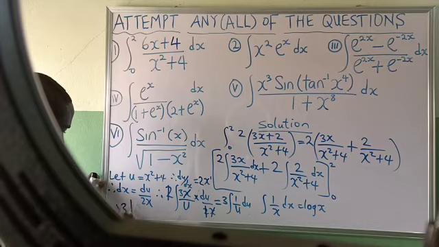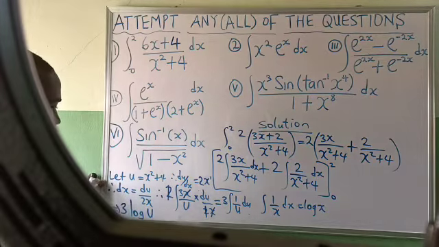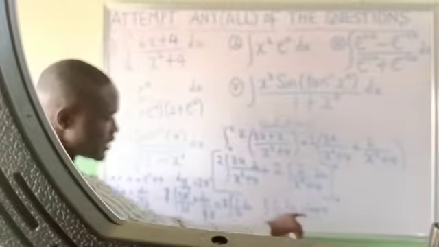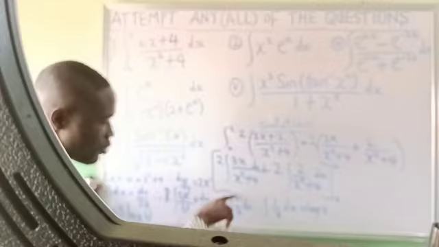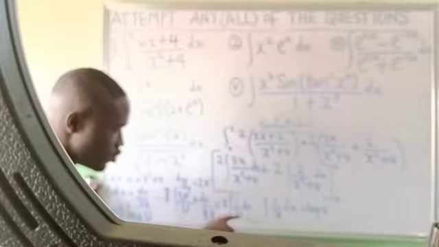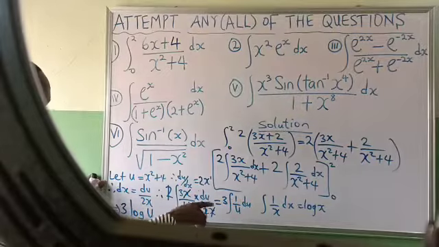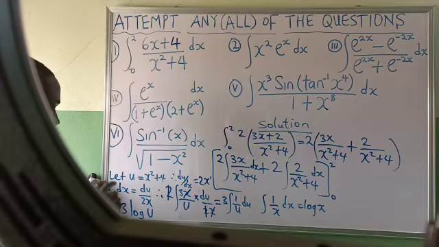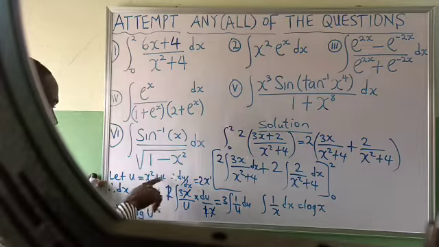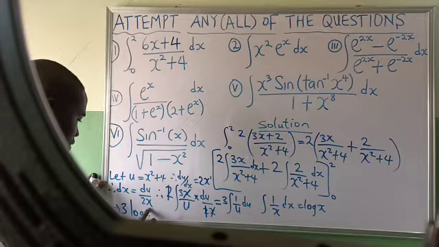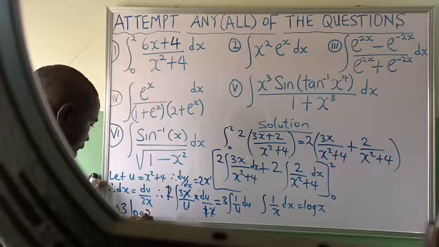So you have 3 log u. You carry this 3 attached to it. What is our u here? We say u is x squared plus 4. So we clean this and write x squared plus 4.